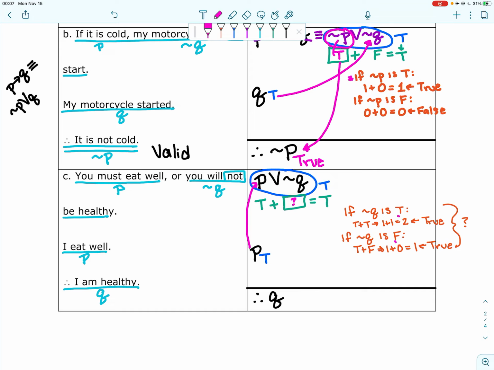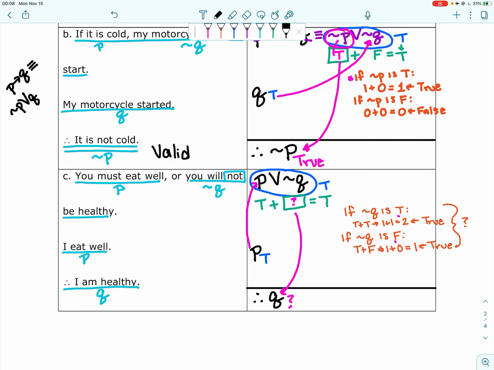So because I don't know what not Q is, I can't tell you what Q is supposed to be down in the conclusion. The only way I could figure out Q is if I could figure out not Q. But I can't figure out not Q, because both ways of looking at it lead me to true statements. And that's not very helpful.